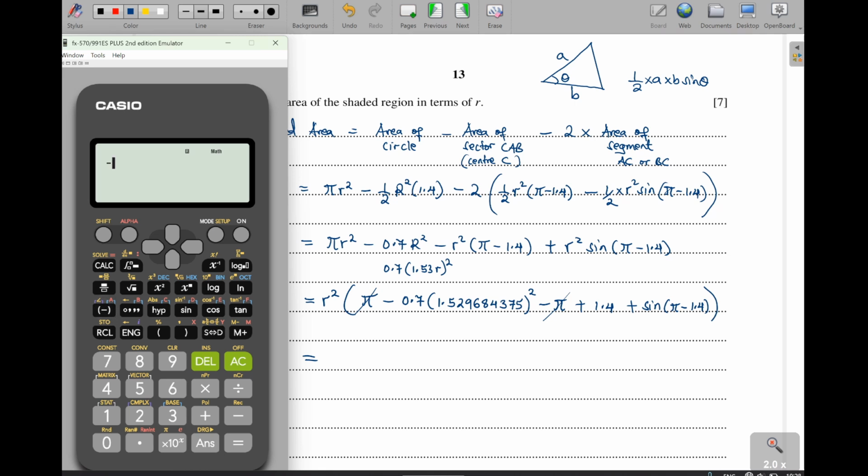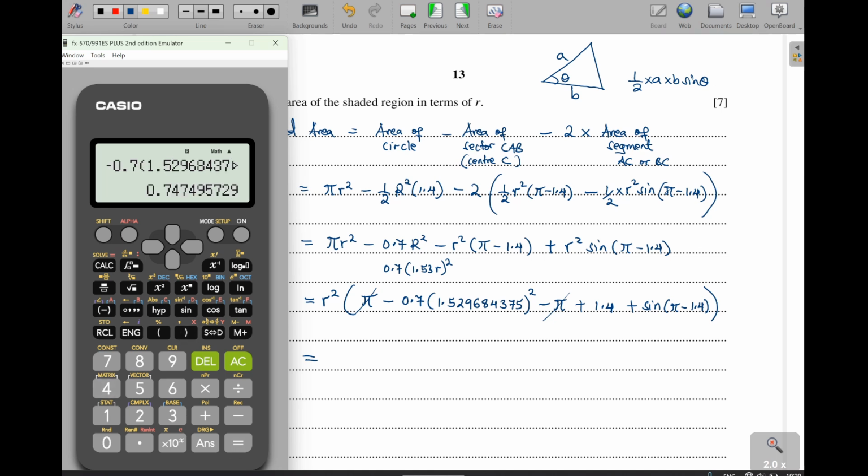Now we have negative 0.7 into 1.529684375. You square that, then plus 1.4, then plus the sine. The calculator has to be in radians. It is still in radians. Then pi minus 1.4.